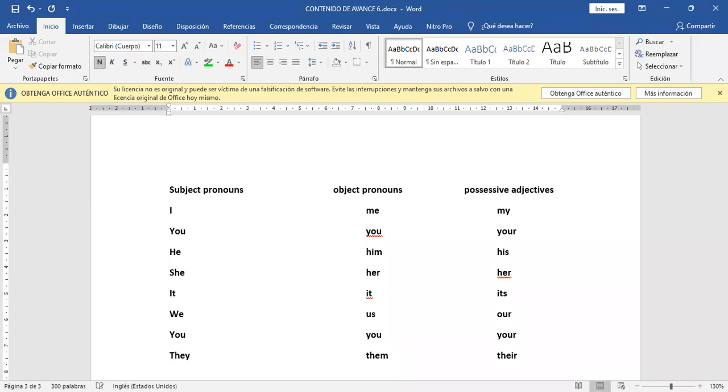Excellent. Yes. These are different groups. Different groups, my friends. Don't confuse, please.